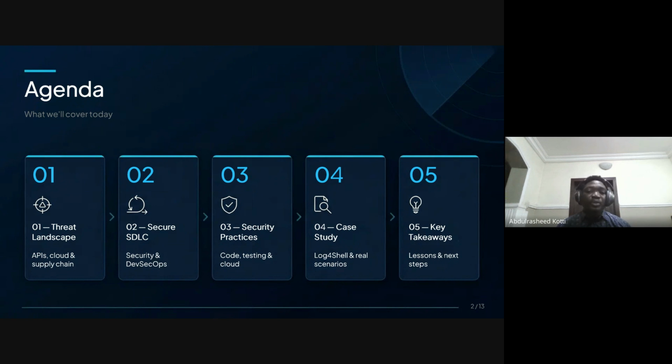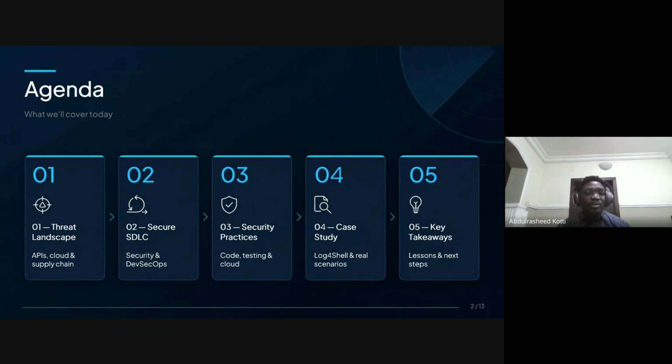First, we will talk about the threat landscape, and this means understanding where attackers come from and how they think. Next, we will look at secure SDLC, which means Software Development Lifecycle. And this is the idea of adding security into every step of building an app.